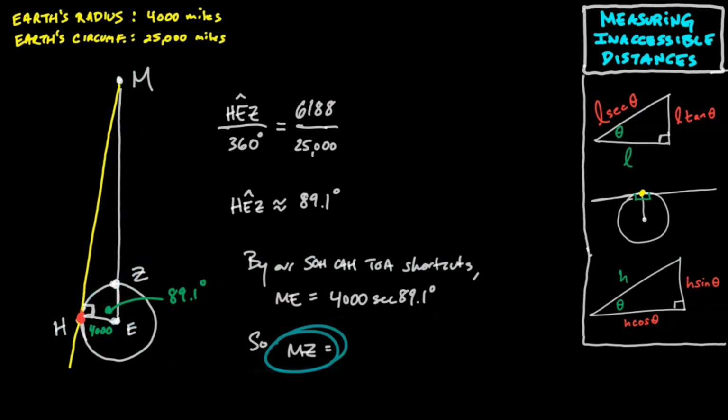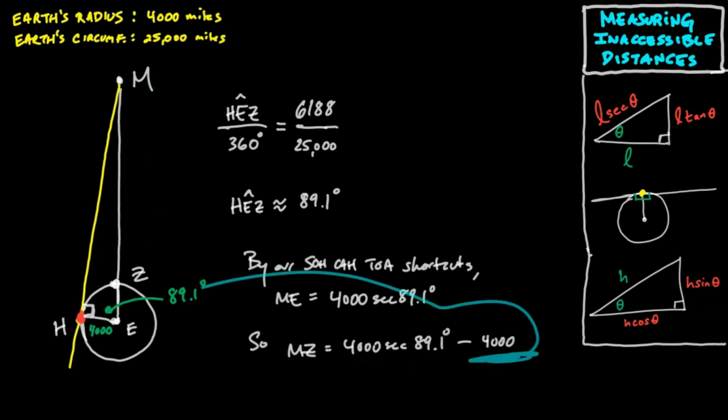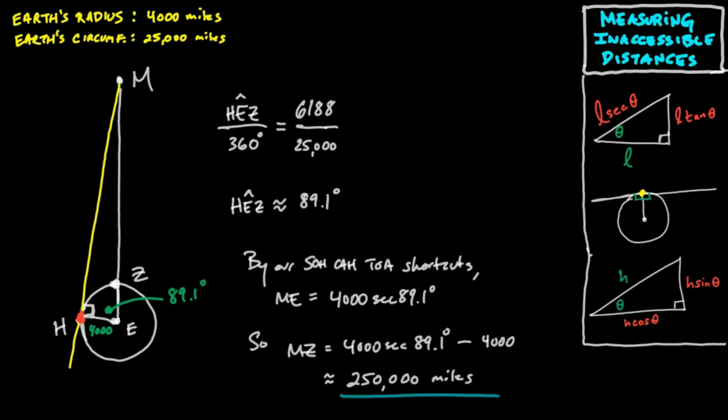So MZ, which is what we are seeking, is that stuff minus 4,000, which is the radius EZ that we are subtracting off. And if you run all that through your calculator, you'll find that it is not far from 250,000 miles to the moon from the Earth's surface.